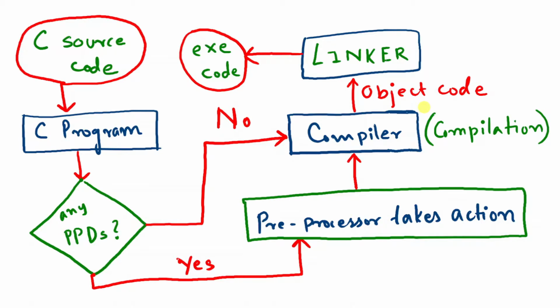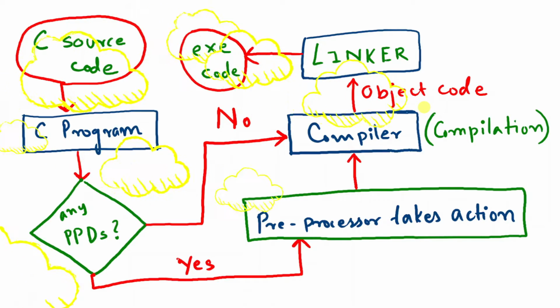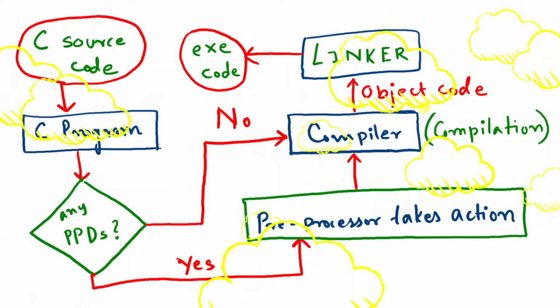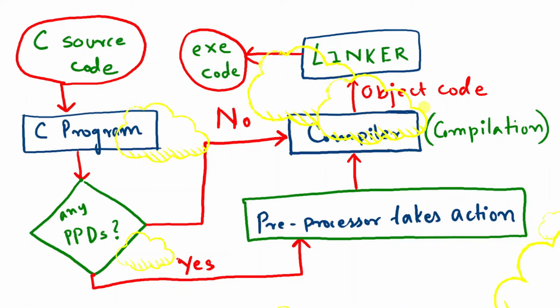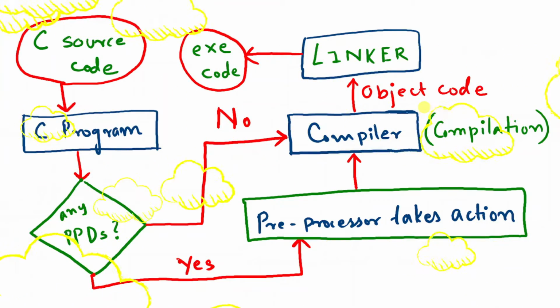Now in some cases the object code is itself executable, but usually we take some library files as include statements, right? In those cases, without having a communication established between our program and those library files, we cannot execute it. This task is done by the linker. So what is a linker?